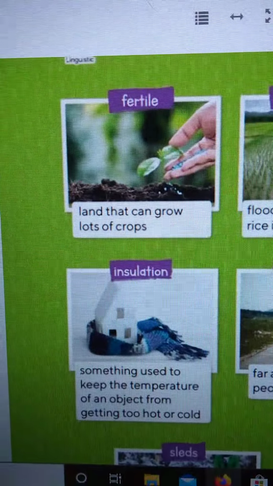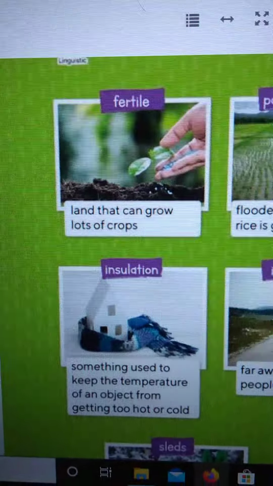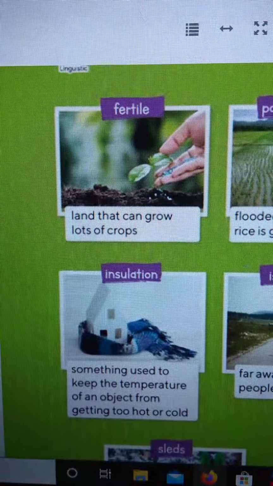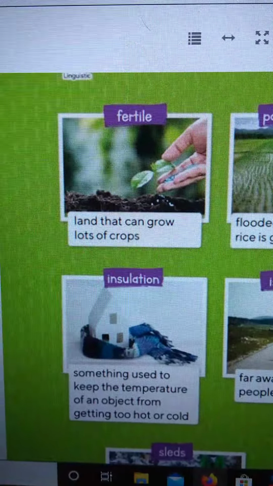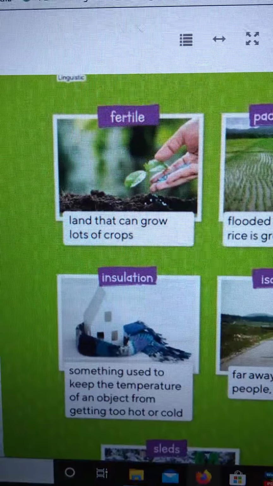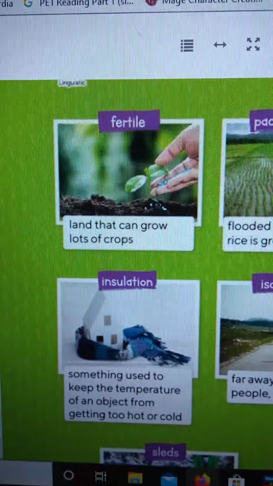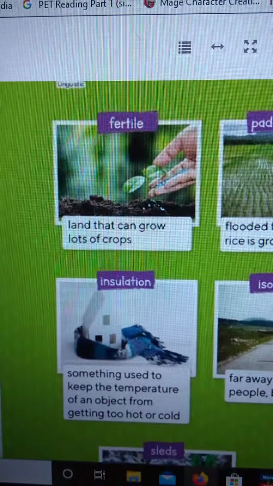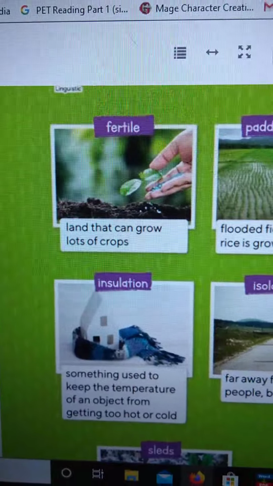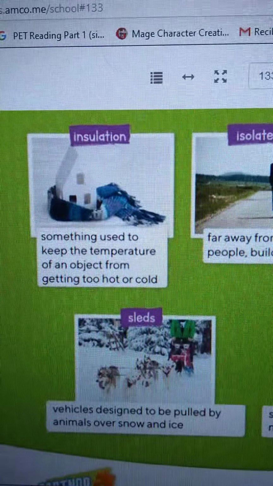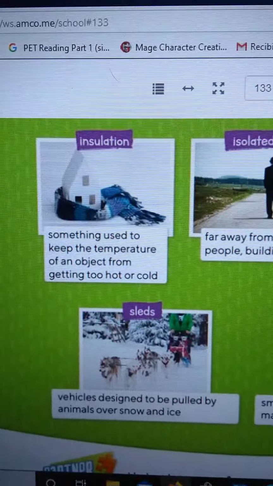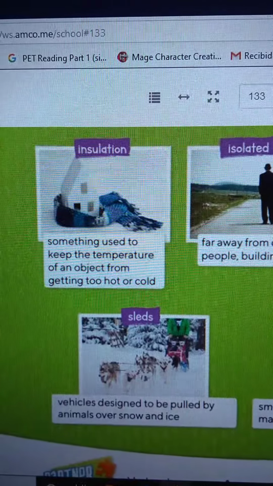Insulation: something used to keep the temperature of an object from getting too hot or too cold. It will keep the temperature in the exact same number, okay? So, it's important if you live in a really, really cold place or in a really, really hot one. Sleds: vehicles designed to be pulled by animals over snow and ice.